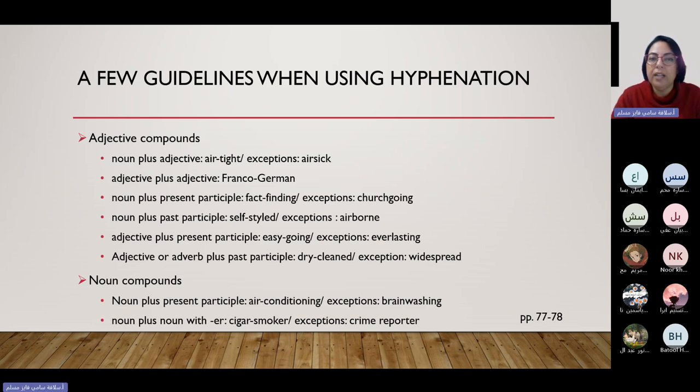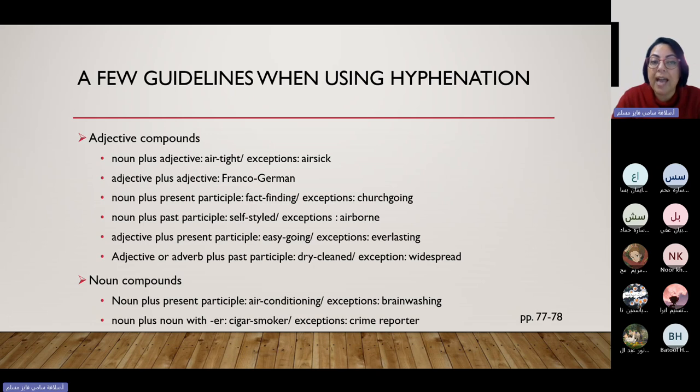A few guidelines when using hyphenation when we talk about adjective compounds. When we talk about a noun plus adjective. Airtight. Air is a noun, tight is an adjective. Exception, air thick. This is the exception. We don't put a hyphen.